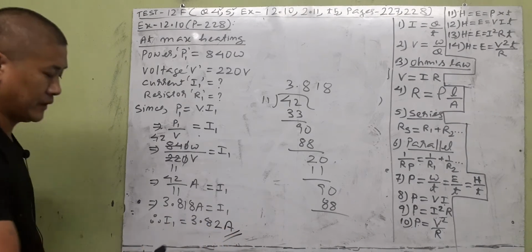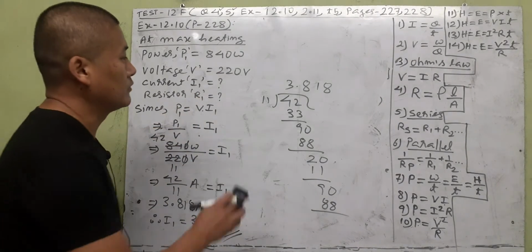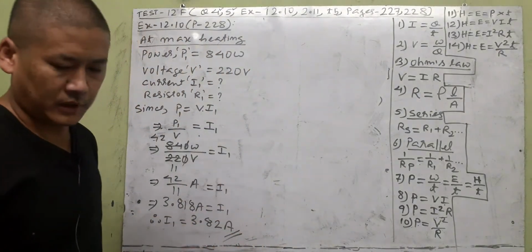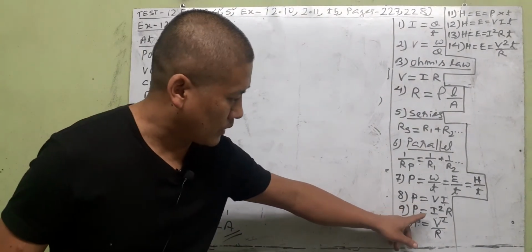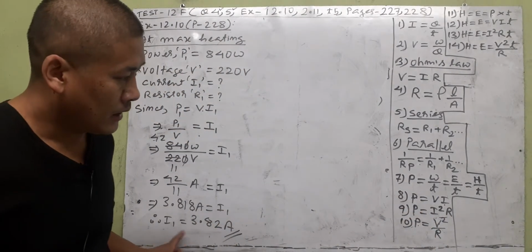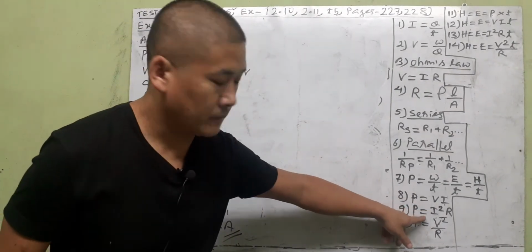This much current is flowing in the first case, first answer. But we need to find R1 also, so let us do that now. In order to find R1, you can use two formulas here: P equal to I square R, because we already have I and P, so we can use this also, no harm.